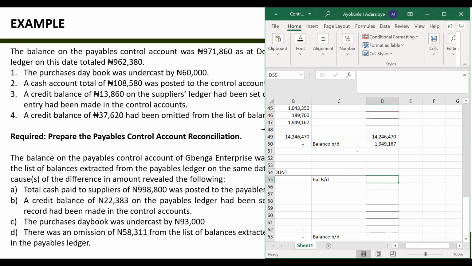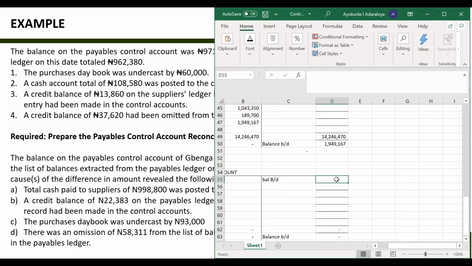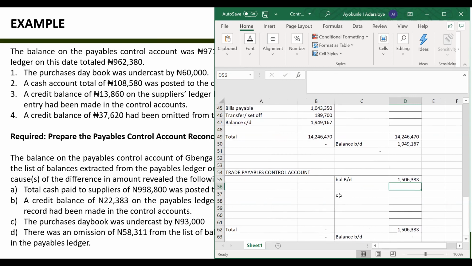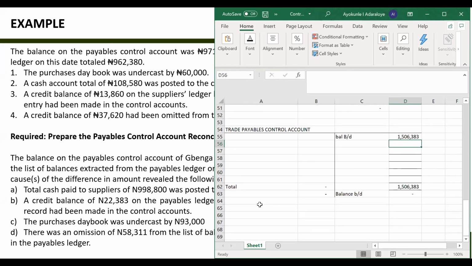So the balance on the payables control account is what? 1,506,383. Please confirm that you can see my Excel, right? Yes, sir. Okay, so this is our balance brought down from this angle. Then they said something again: the list of balances extracted from the payables ledger on the same day.